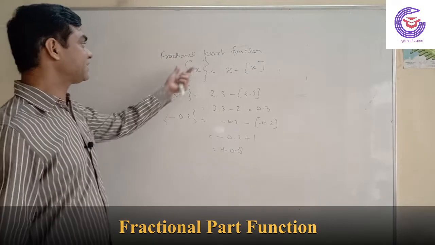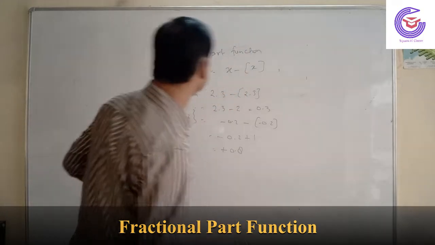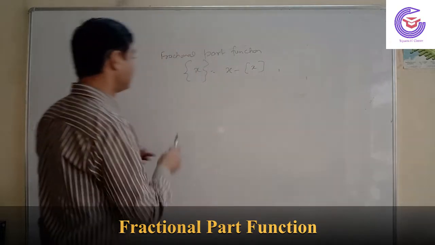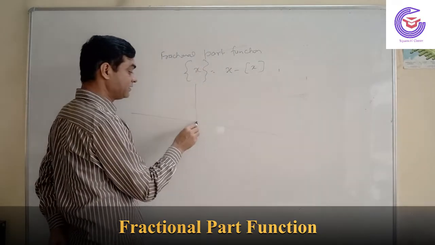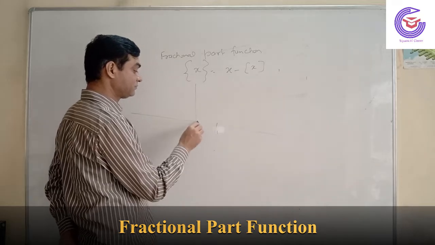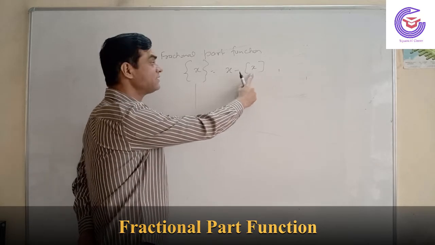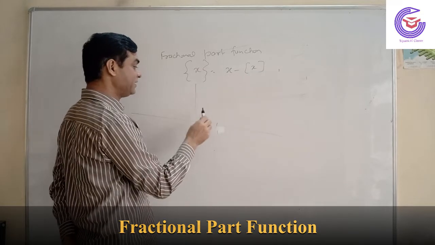In the fractional part function, if you plot the graph of this one, it gives something like that. From 0 to 1, the greatest integer value is 0, so whatever the value is, that is x.